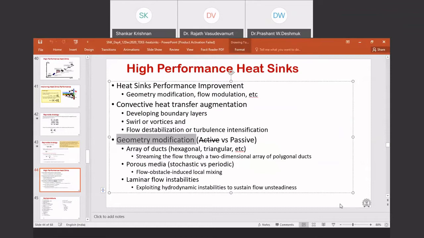The third one that I will talk about is laminar flow instabilities, where we induce geometry such that we make the flow unstable, and the unsteadiness is sustained passively, not actively.